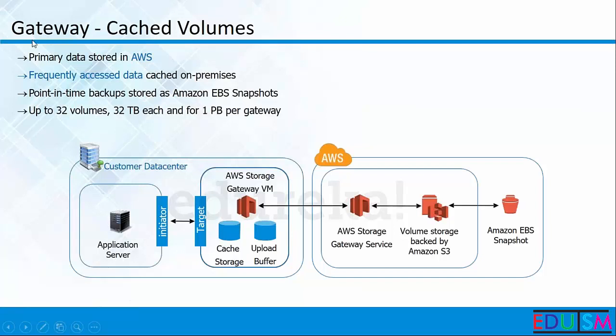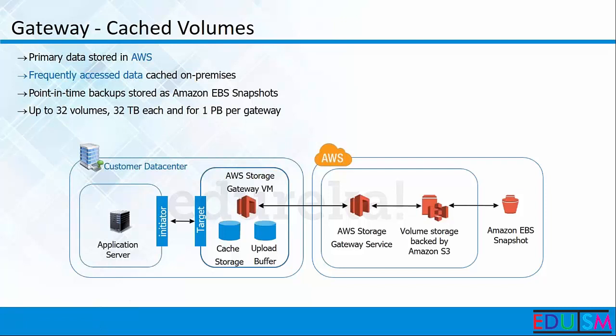As a hands-on demonstration, we will perform a gateway cached volume, in which the important data is cached to the AWS cloud onto S3 and Glacier. Primary data is stored in AWS, and frequently accessed data is cached on premises. It's a wise decision, as you are going for a hybrid environment. One method could be to upload the entire data on Amazon S3 and keep the data frequently accessed by your customers in your data center.